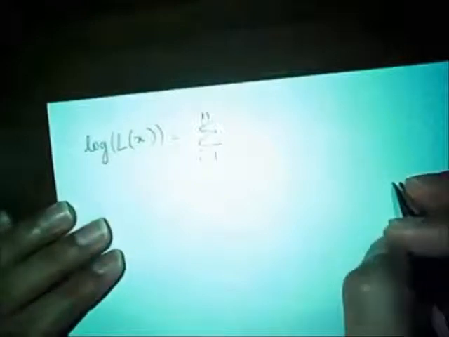So I am going to take the logarithm of the likelihood function and I am going to maximize it. So this is why it is called the maximum likelihood estimation. Note that the product that we had earlier now has become a sum.